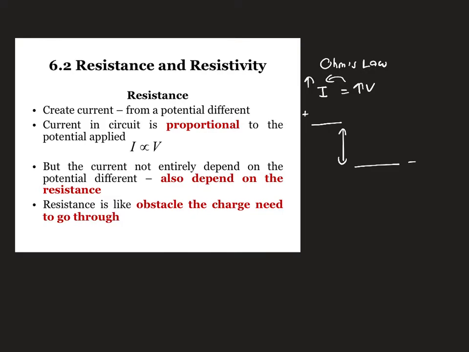So the electrons move more freely compared to when we have the same level of potential difference. That's the reason why when you increase the voltage, you increase the current. You can assume that the flow of current is like a flow of water.